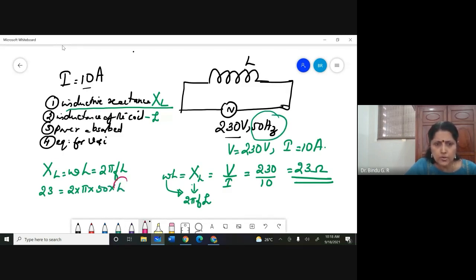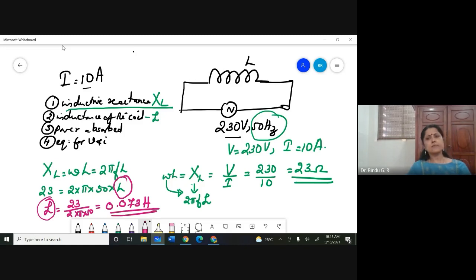The only unknown is L. Therefore L is equal to 23 by 2 into pi into 50, which you will get as 0.073 Henry. Remember, XL, the inductive reactance, is similar to resistance and its unit is ohm. And L, the inductance, has a unit of Henry.